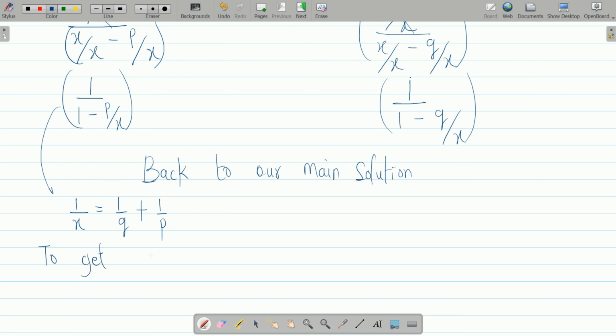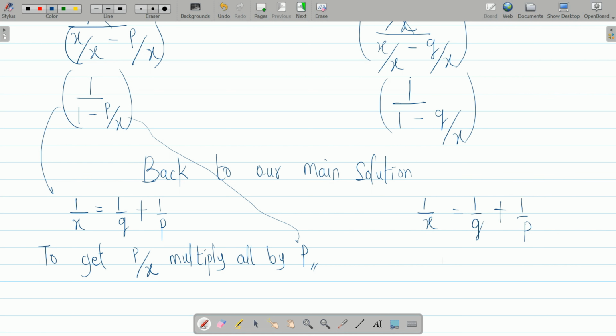We're using this equation to get the value of p over x, so we multiply all by p to make it easier to solve. We repeat the same process for equation 2, using this formula to get the value of q over x, and we multiply all by q.